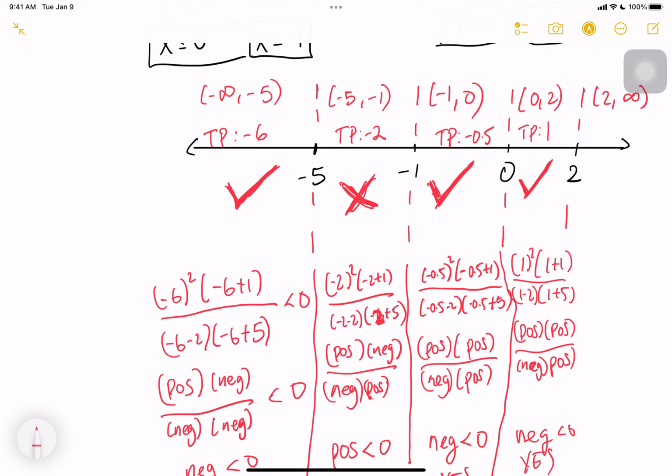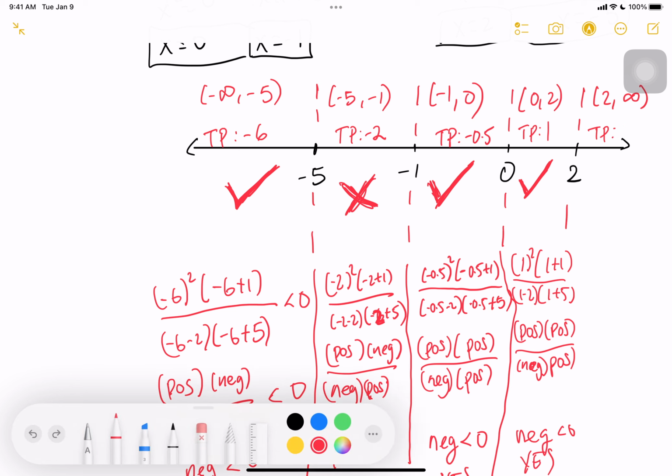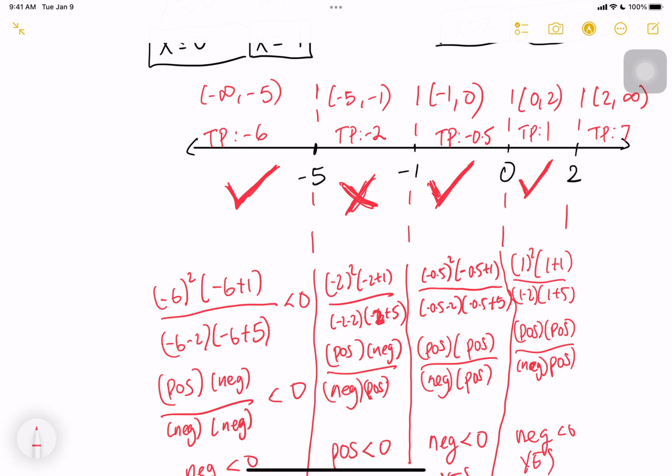And last one, a number between 2 and infinity. I'll take 10. Let's go for a simple number. Let's go with 7. So that's going to be 7 squared. Notice right here, I'm not using a calculator to aid me. I don't actually have to work each of these things out.